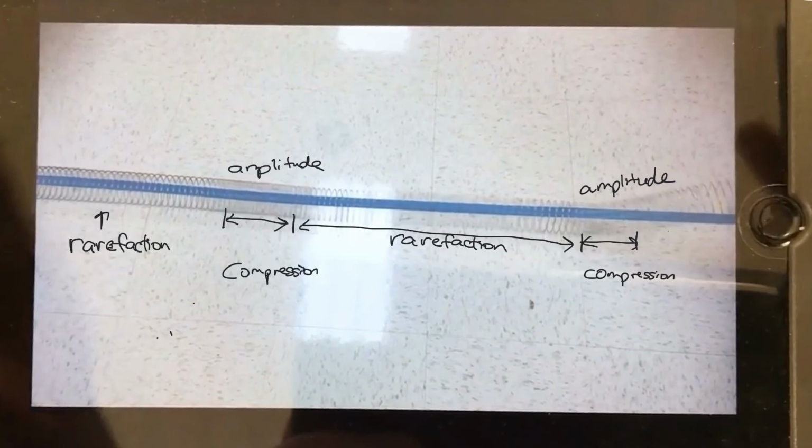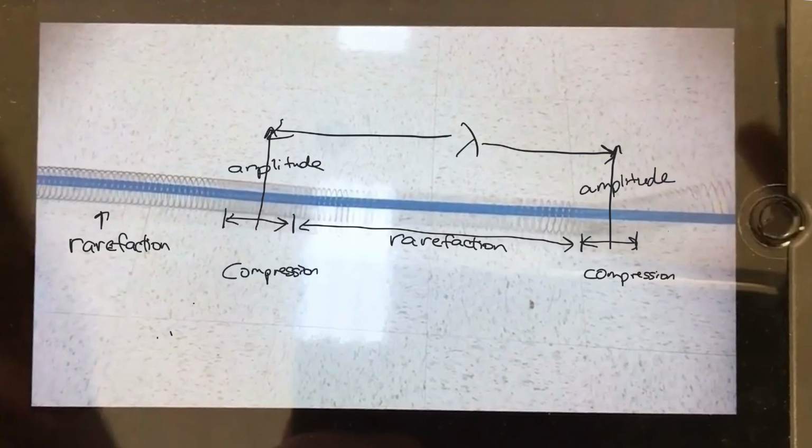Now, to find one wavelength of this, you can either measure the middle of your compression to the middle of your next compression, and this is your wavelength.